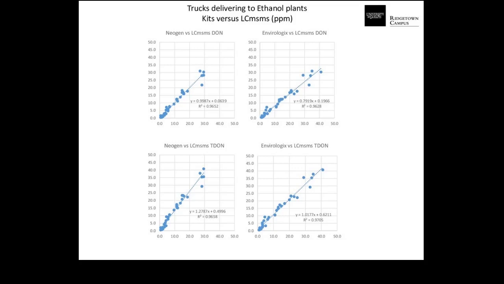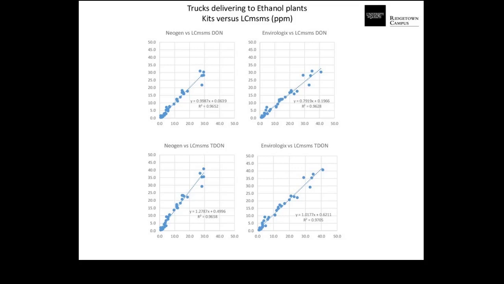And if you go to the graph to the bottom right, you can see that if I compared the Envirologics to the LC-MS/MS total DON, I added all the DON components up, you can see that the coefficient is almost 1. And so there's a 1-to-1 relationship.